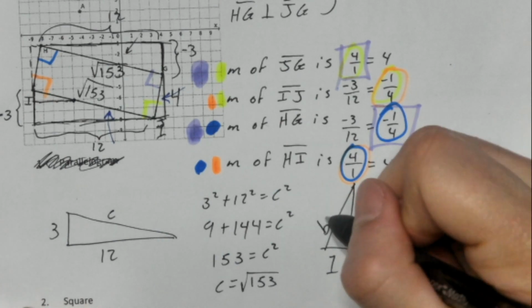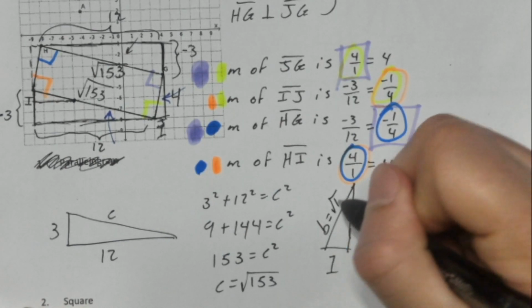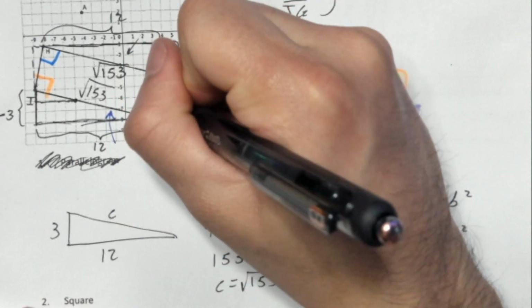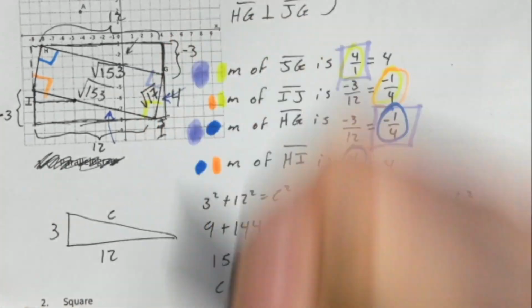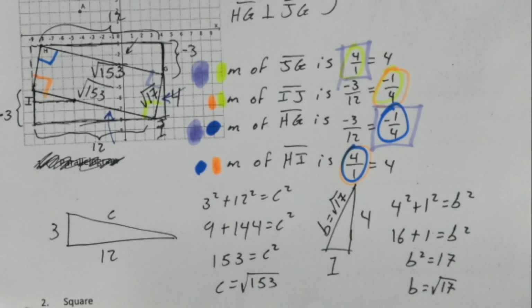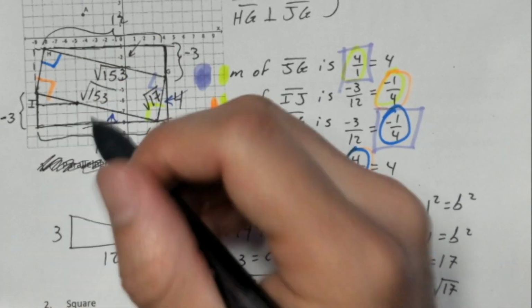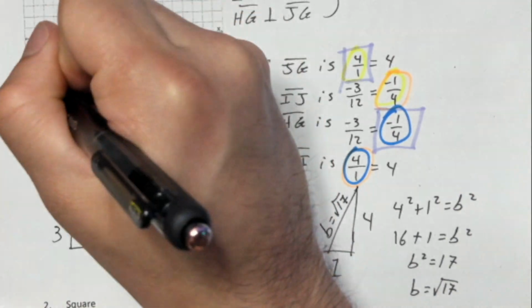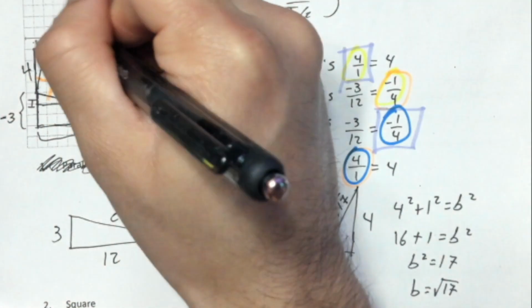So this length over here is the square root of 17. If you leave it on the paper like this, I'll understand it. Now if we take a look at this side over here, we get the exact same triangle because we get the exact same lengths. This length over here is 4.